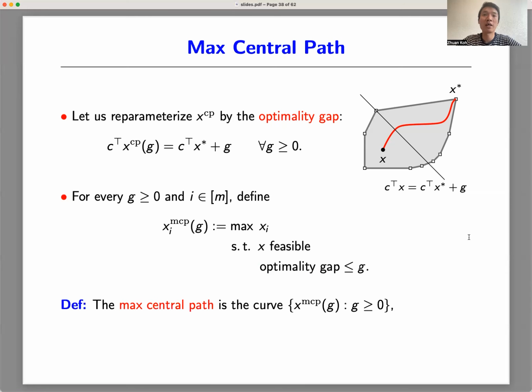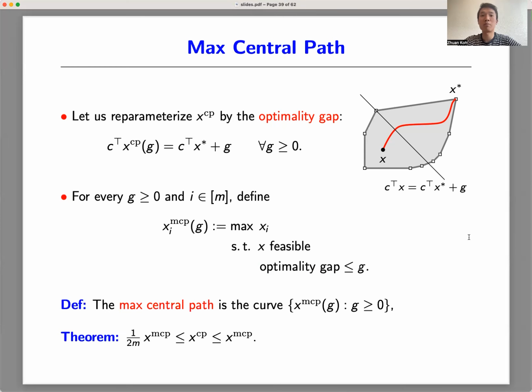Now, if we collect all the xi MCPs for every coordinate i and every gap value g, this again carves out a curve in space, and we will call this curve the max central path. It can be shown that the central path is sandwiched between the max central paths.